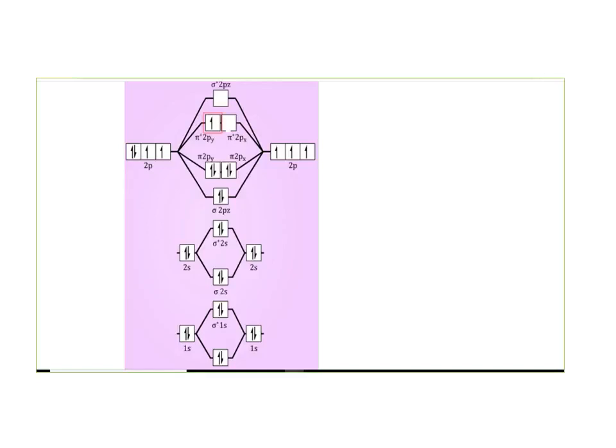Just count the electrons of one side. 1s contains 2, and 2s contains 2 electrons, so it is 2 plus 2, 4, and 2p contains how many electrons? It contains 4 electrons, so 4 plus 4, it is 8. It is a total of 8 electrons on one side.